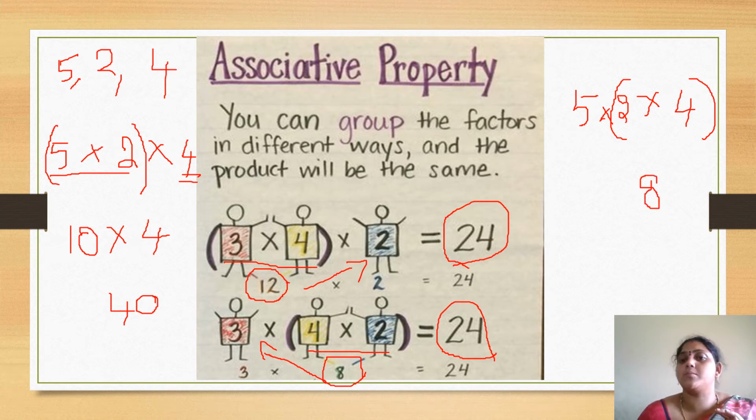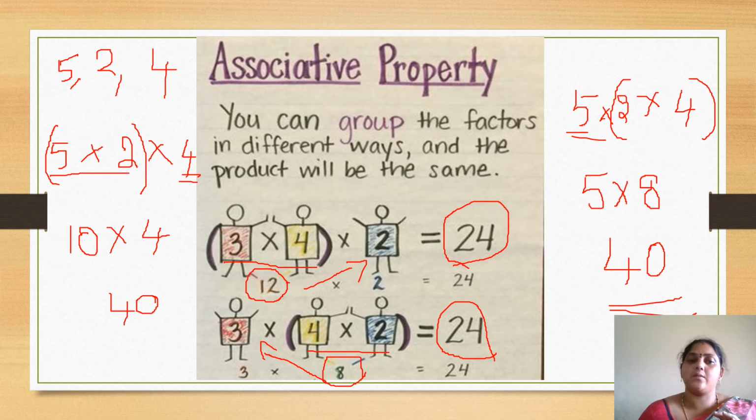Now this 8 should be multiplied by my remaining digit, that is 5. Now 5 8s are 40. If you observe, both the products are equal. You can change the group of numbers. You can group the factors in different ways, but the product remains the same. This is known as associative property.